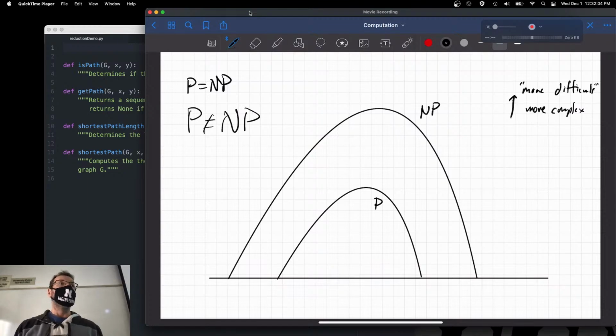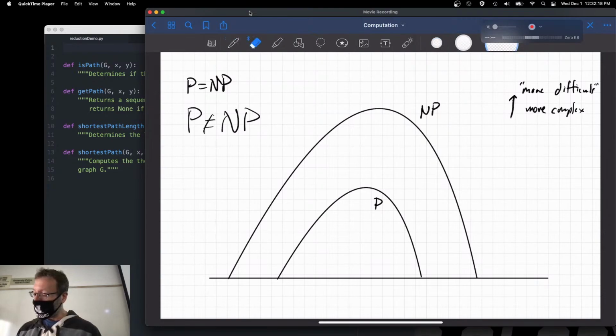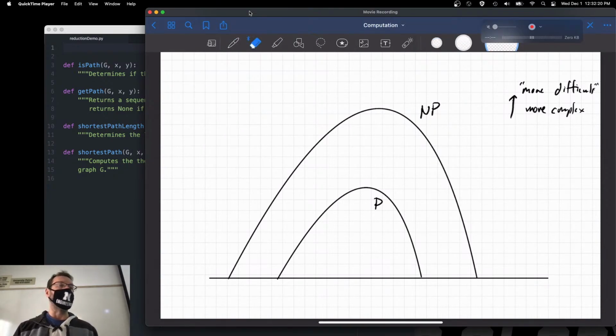But to even begin to answer that question, we need a framework for saying that this problem is at least as hard as that problem, or that problem is no more difficult than another problem. So let's draw what we do know here, for example. Give me one problem that's in P, that has a deterministic algorithm that solves the problem.